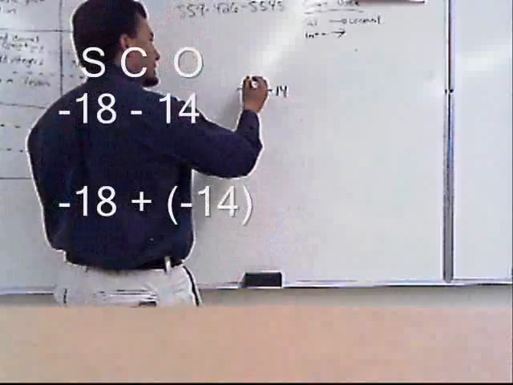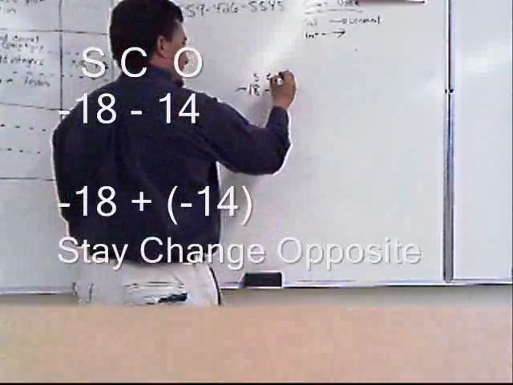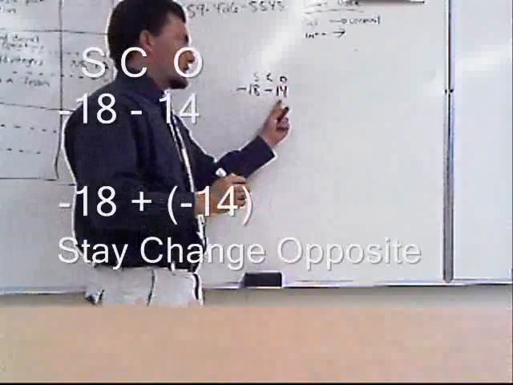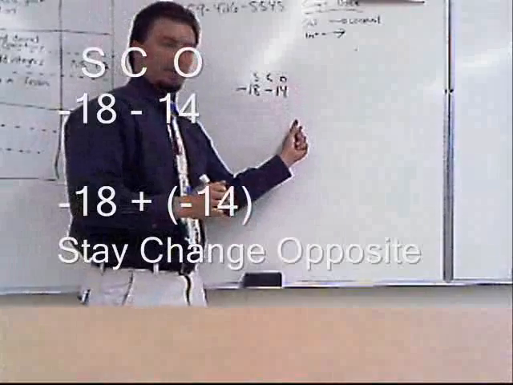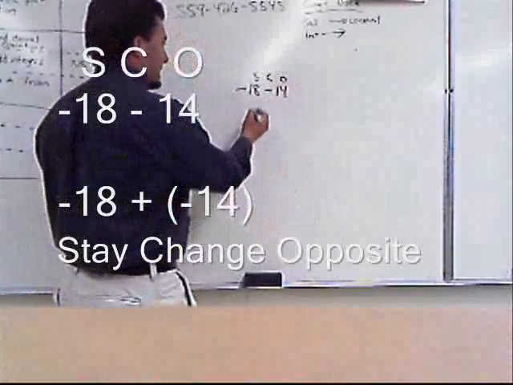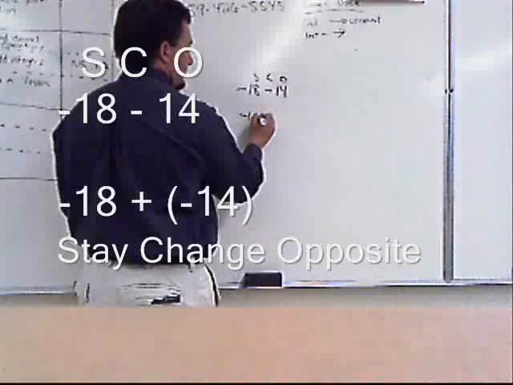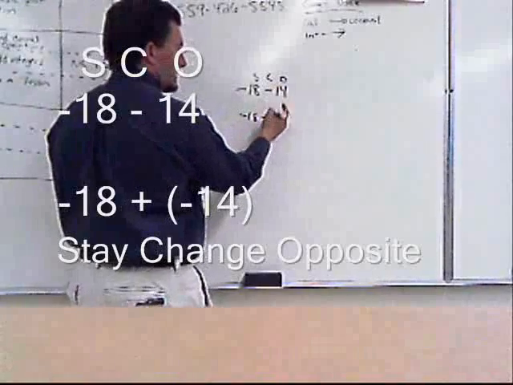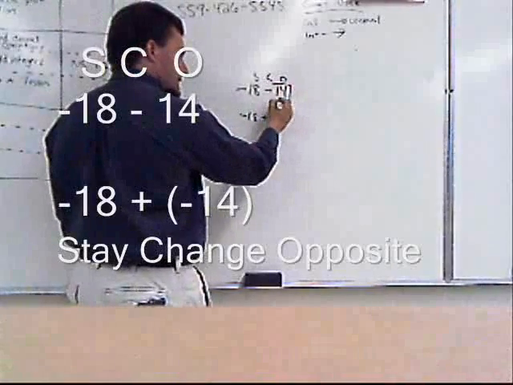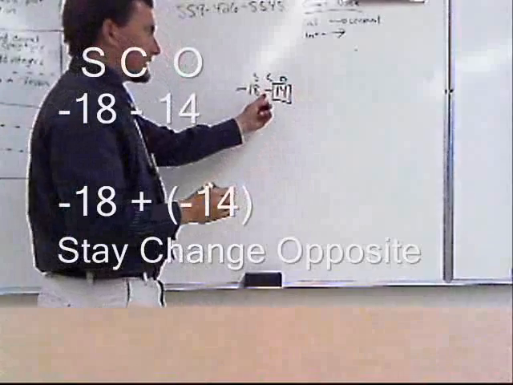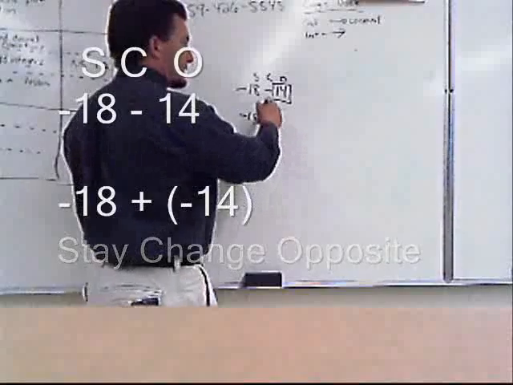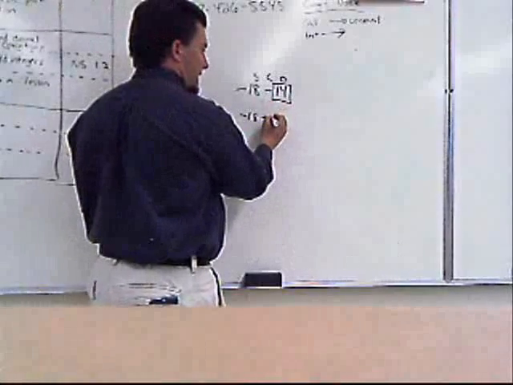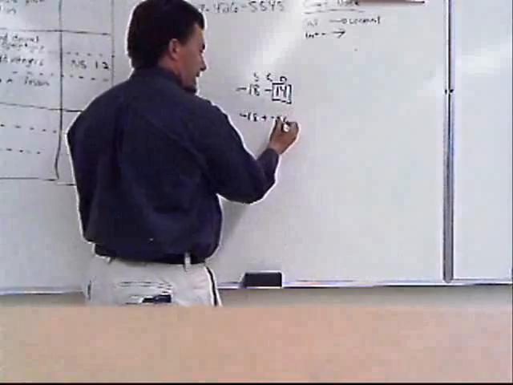But what we do is we say, change, opposite. I know a lot of teachers will say change, change. But I like that vocabulary word of saying that I want the opposite of that 14. So negative 18 stays the same. The minus changes to a plus. And this is a positive 14 right here, because that's the operation of minus. So it's going to be a plus, and that positive 14 becomes a negative 14.